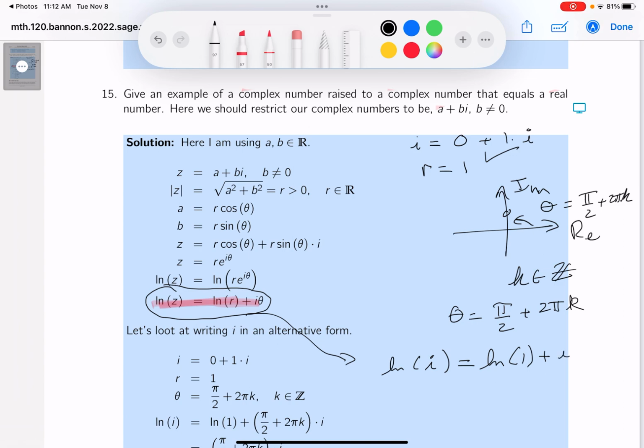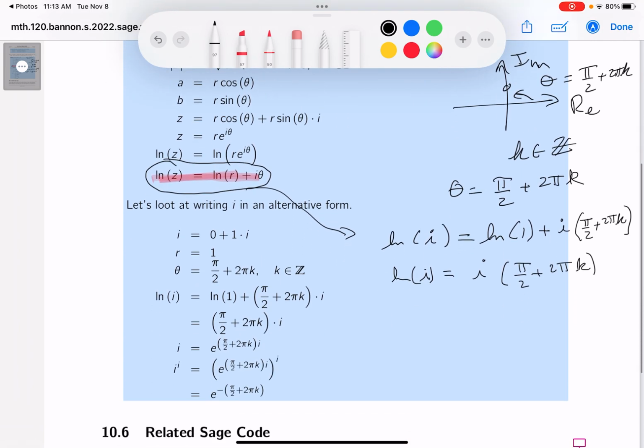So it's going to be i, and what's the theta? It's pi over 2 plus 2 pi k. Right, so natural log of i. Well, the natural log of 1 is 0, so I'm left with just i times pi over 2 plus 2 pi k.